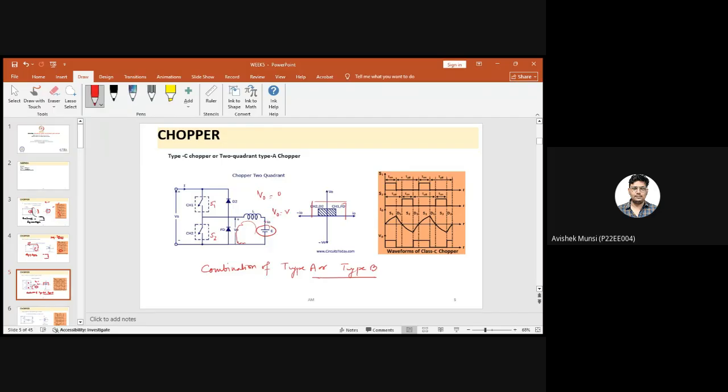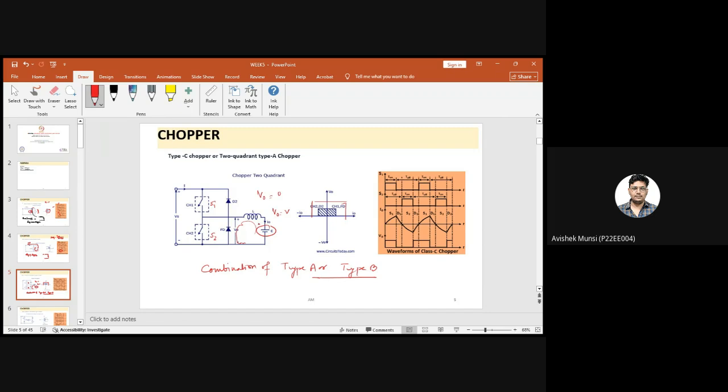Thus, the average voltage of V0 is positive, but the average output current takes both positive and negative values. Hence, this chopper's switch, channel 1 and channel 2, should not be turned on simultaneously.